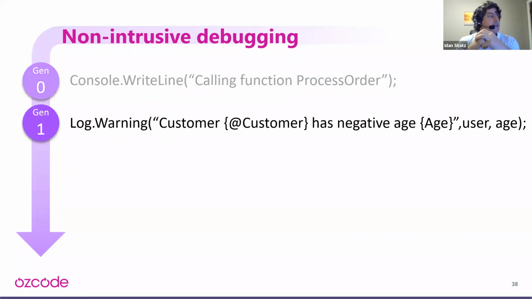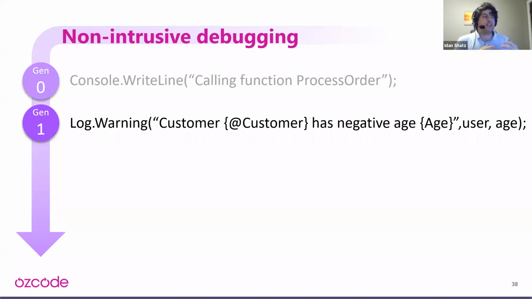Gen 1 is actually creating what we call structural logs. So now we start not just creating messages, but we actually start passing arguments. With tools like Serilog or Log4net that allow you to create those structural logs, you can stream those logs into solutions like Logz.io, Datadog, Elasticsearch.